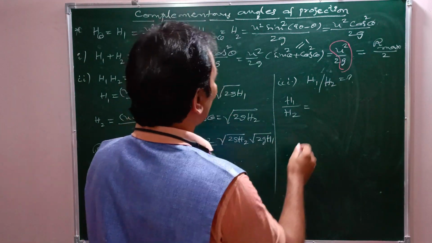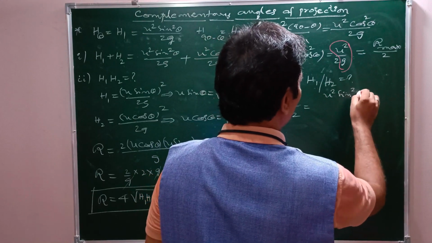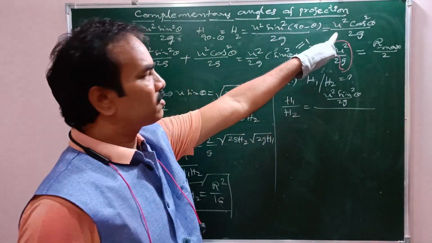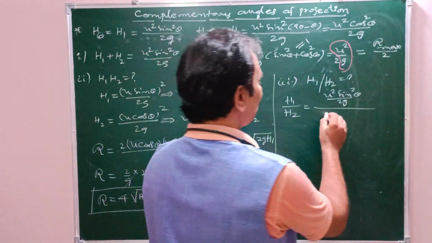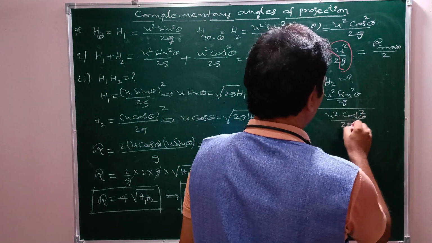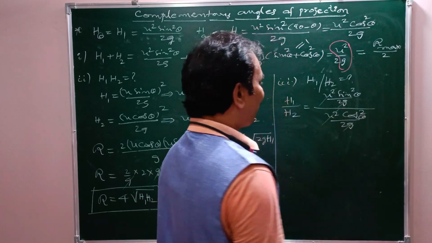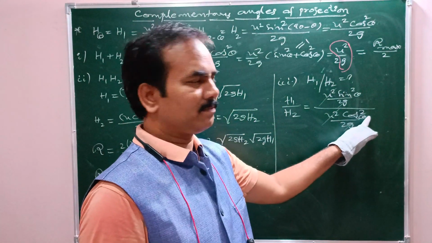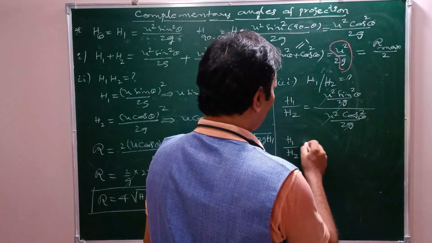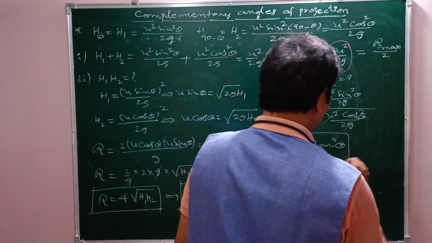H1 is u square sin square theta by 2g, all divided by h2, which is u square cos square theta by 2g. Am I right? So u square by 2g cancels. We are left with sin square theta by cos square theta, that is tan square theta. H1 by h2 equals tan square theta. So this is the relation.